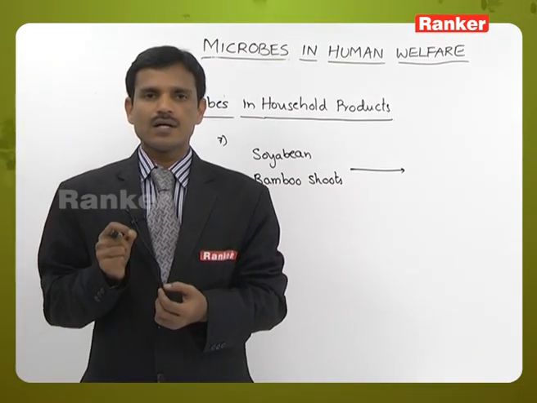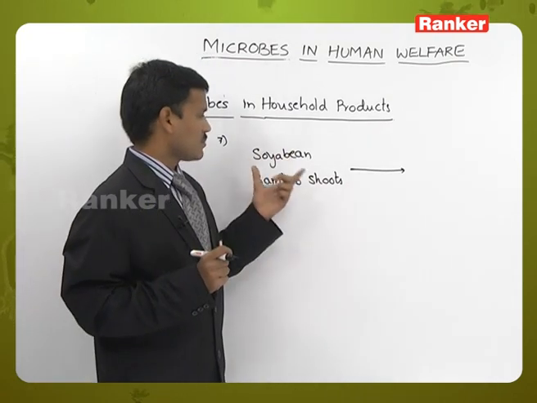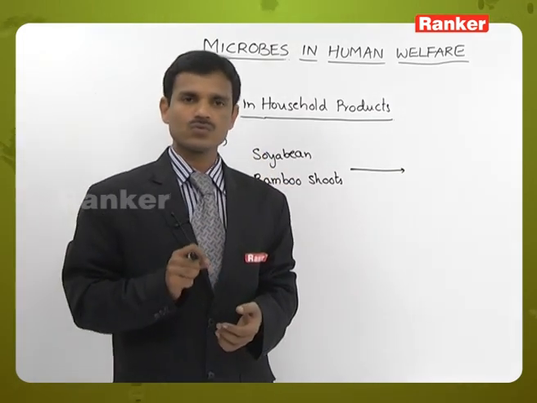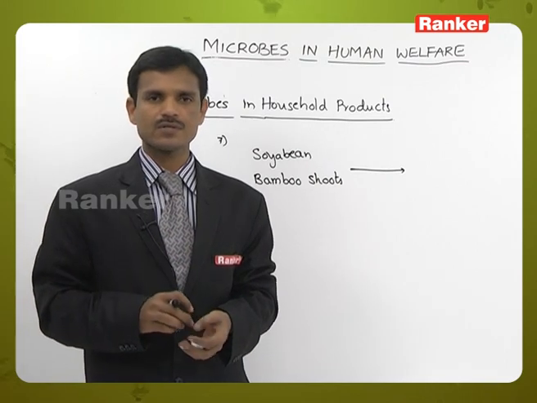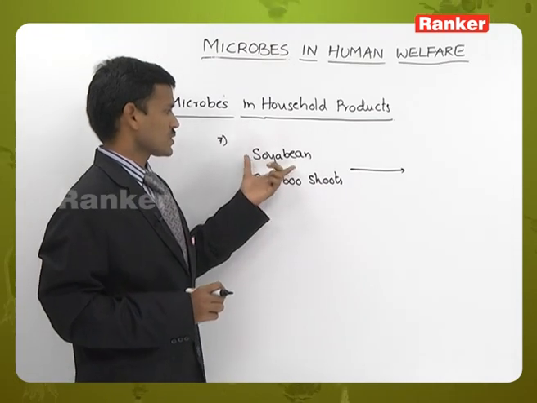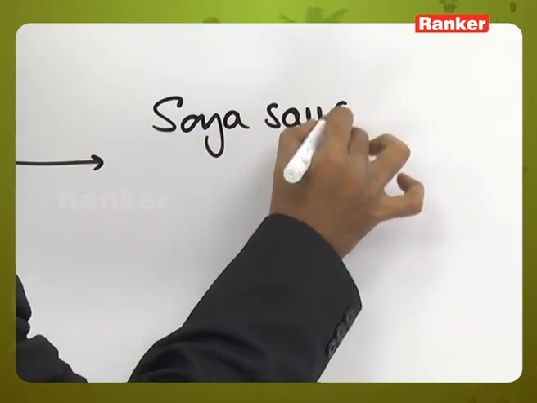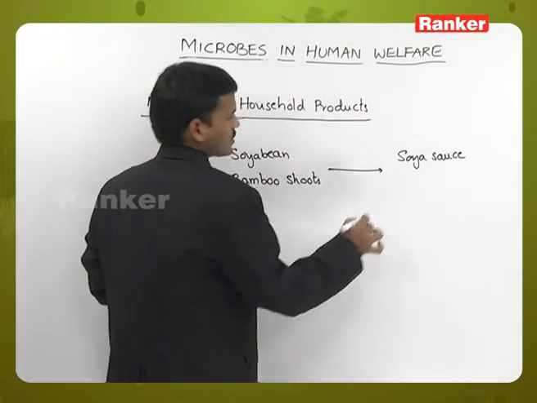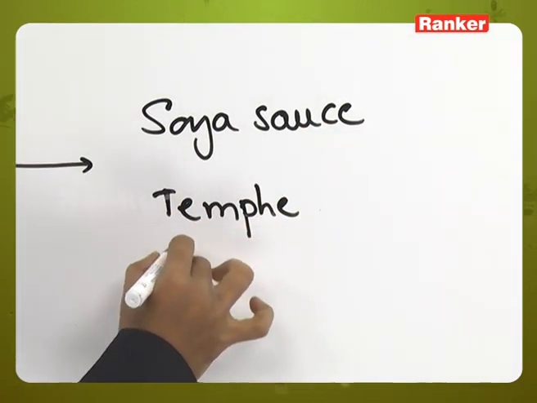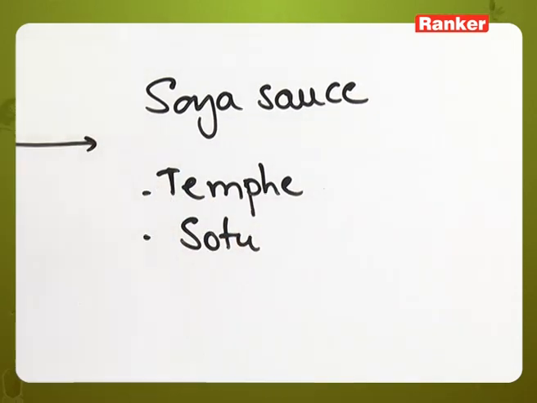These bacteria ferment the soya bean and bamboo shoots into products like soya sauce, tempeh, tofu, sufu, with different names in different countries. So, this type of fermented products are produced by some bacteria. These are soya sauce, tempeh, tofu. These are fermented products.